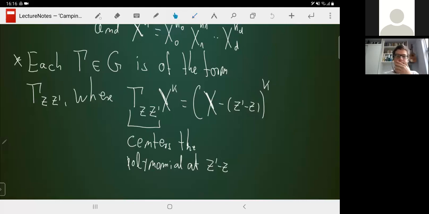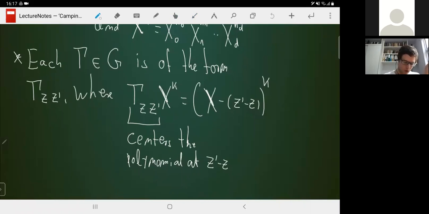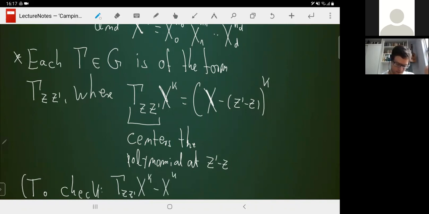I have a question. We need to verify a property for this group, right? That when you subtract x^k from gamma x^k, it gets lower regularity, right? Yeah, basically. So what you need to check is that gamma z z prime x^k minus x^k has degree less than k.